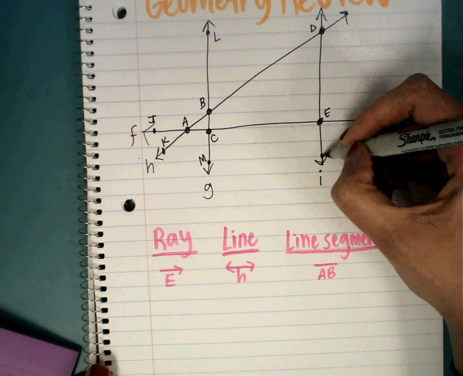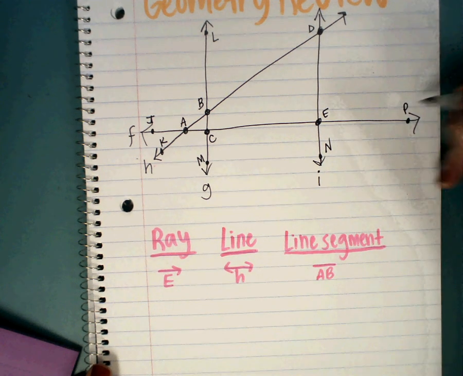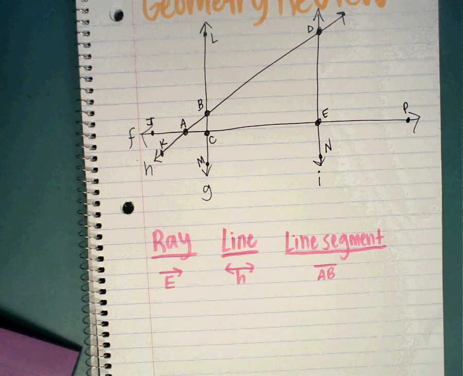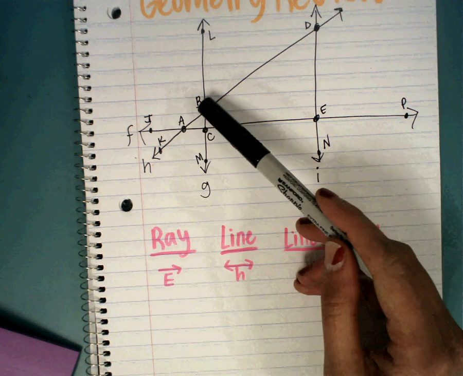Just got to add some more letters on there because I want us to be able to name some angles. So where is the triangle that you see? I see a triangle right here. I see A, B, C, right? What kind of triangle is that?